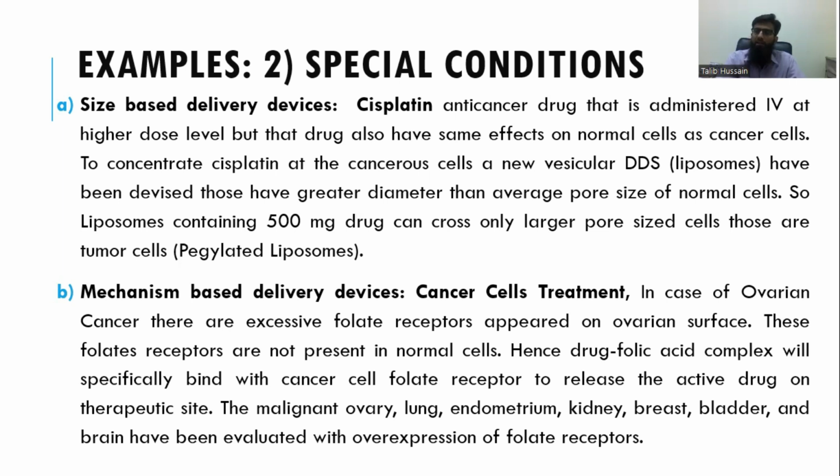And those pegylated liposomes have a greater size, and they can only move into a cancerous cell having a greater pore size, and they cannot go into any other parts of the body. It is very difficult to determine the pore size of the cancerous cell, but it is easy to determine how a cancerous cell is taking some nutrients and how it is drawing circulation towards itself.